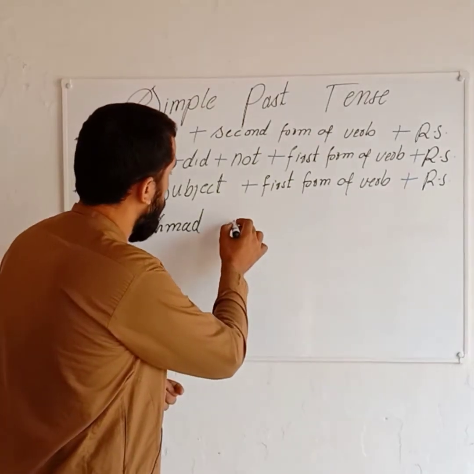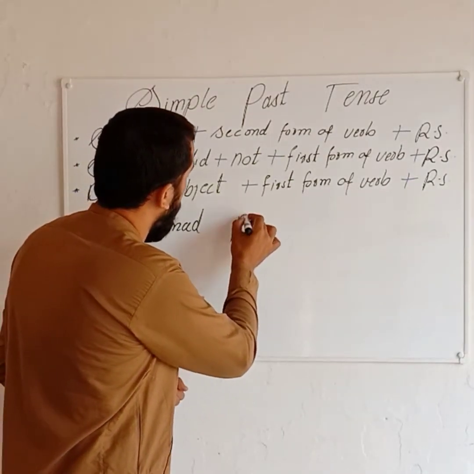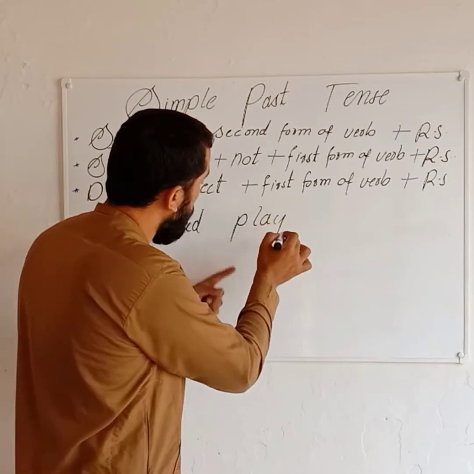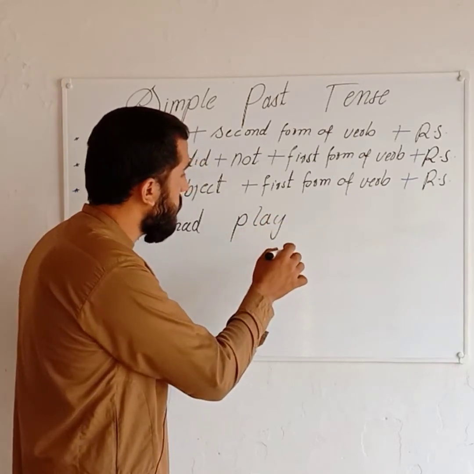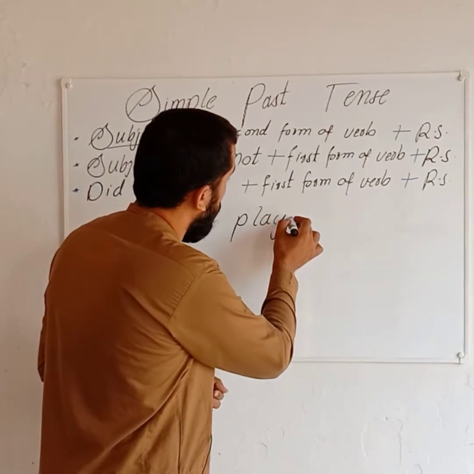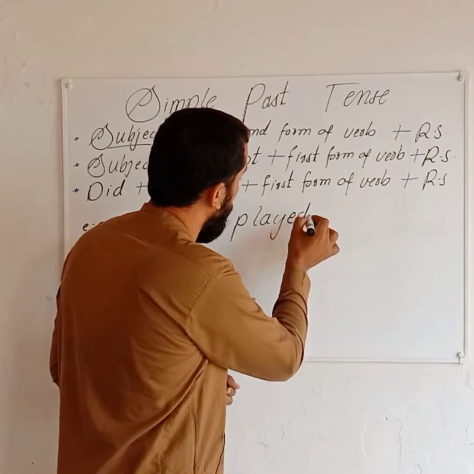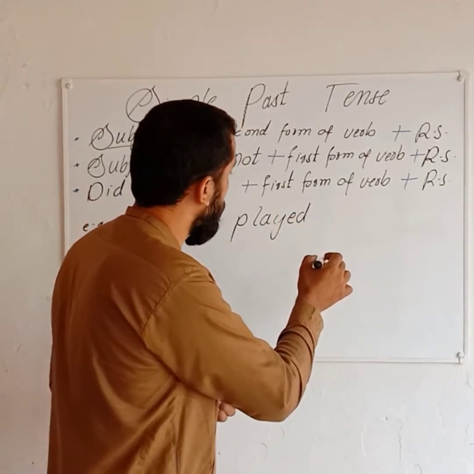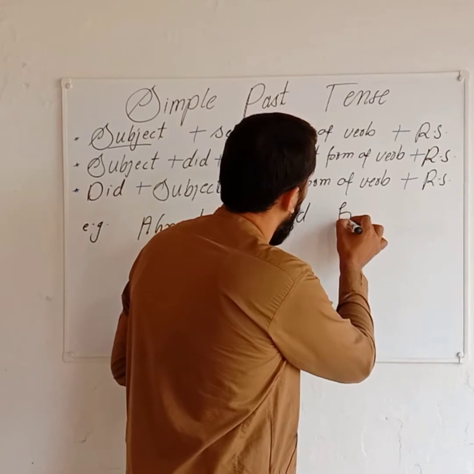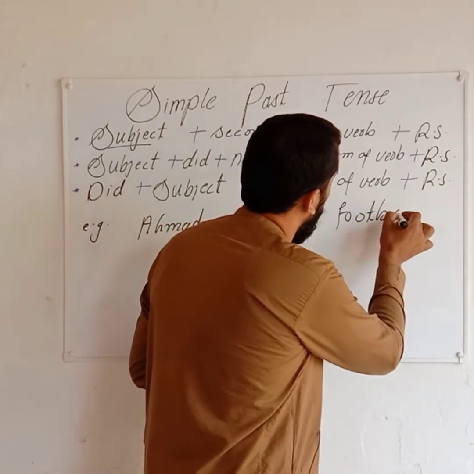Ahmad played. Play is the first form of verb, and when you want to change this one to second form, we need to use ed. Played. Ahmad played football yesterday.